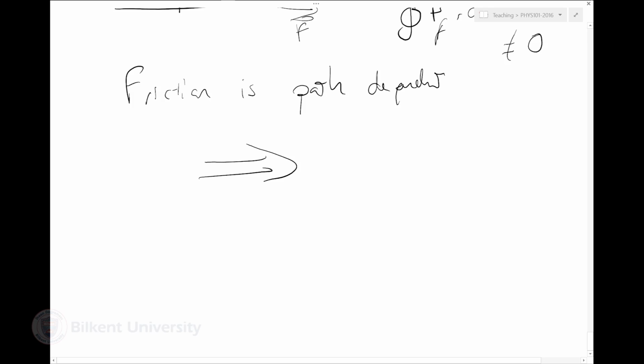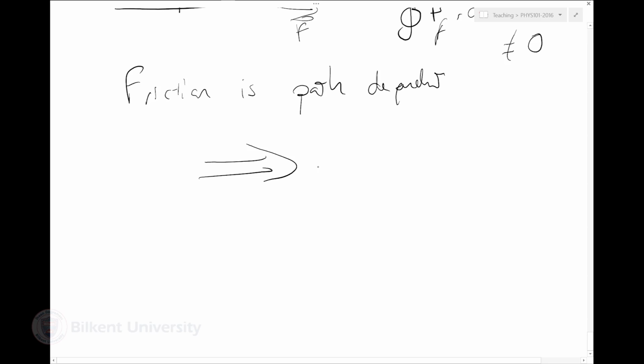So you cannot talk about a frictional potential. No potential possible. And that is called a non-conservative, or sometimes also called dissipative, force.